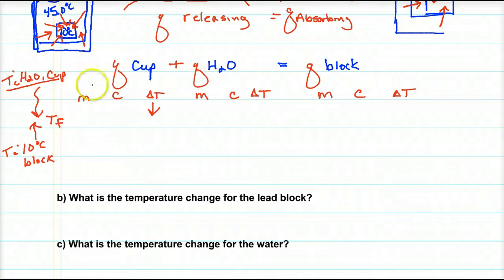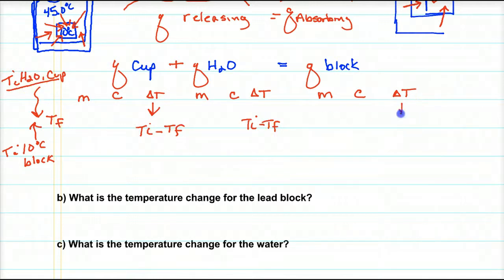Since the cup and water are at a higher temperature initially, we're going to go Ti minus Tf, just to keep that positive. Okay? And of course, since the cup and water are at the same temperature, it's Ti minus Tf. And the higher number minus a small number will give me a positive value.